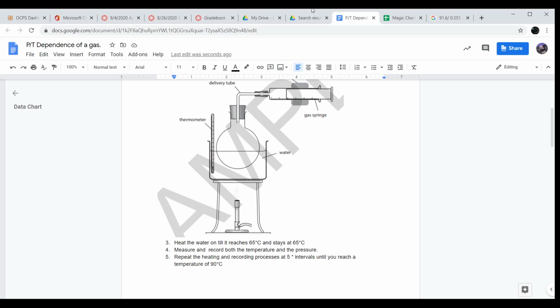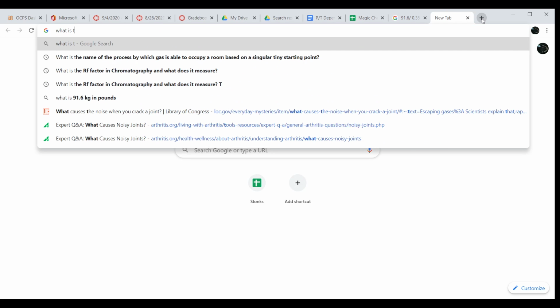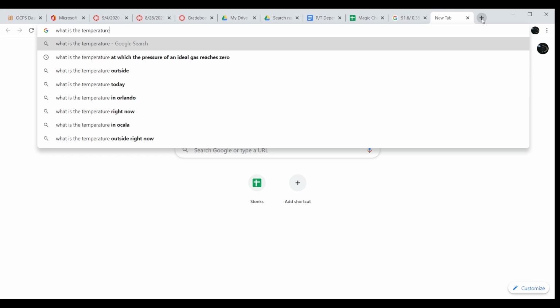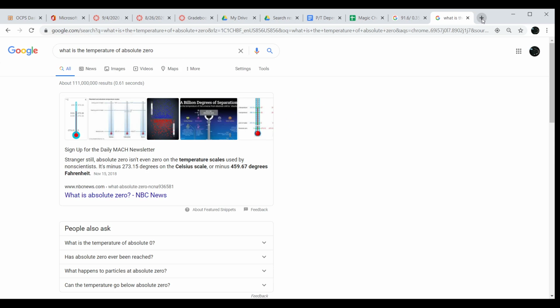So that means that we would have to look back and see what the temperature of absolute zero is. And that was the way that I was hoping many would find out.